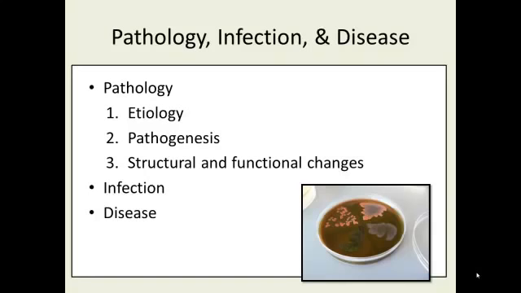First off, this chapter deals an awful lot with pathology, which is the study of disease. It includes 3 subsections. Etiology, which is the study of the cause of the disease. In microbiology, we generally go with those diseases that have an infectious etiology.